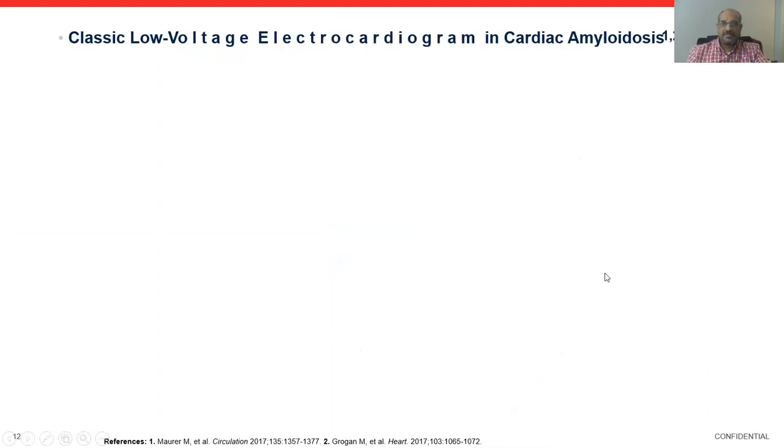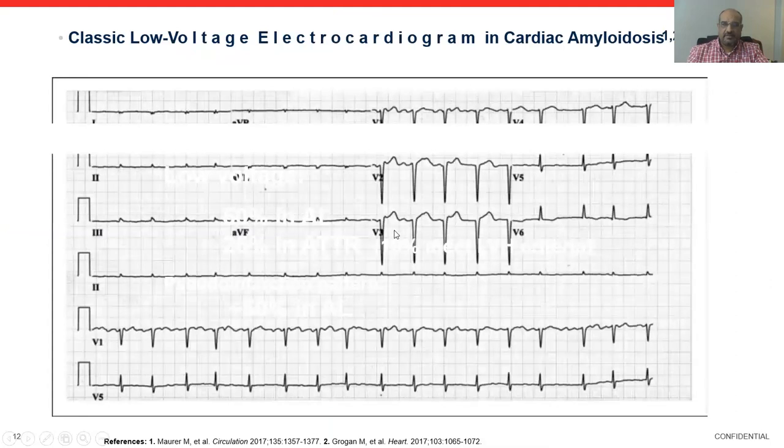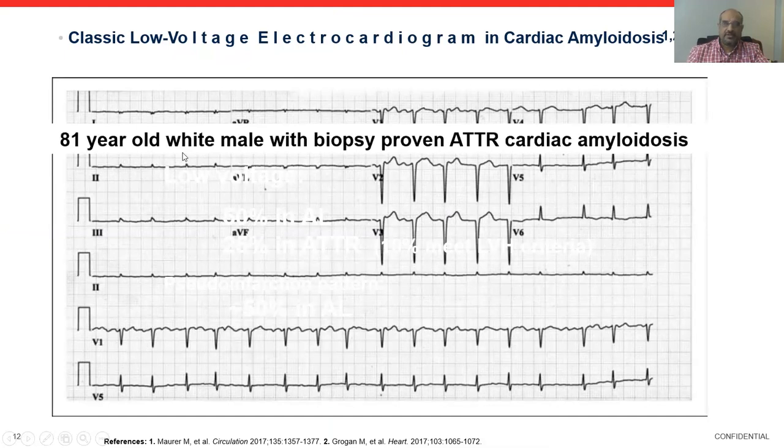So the classic presentation of cardiac amyloid is what we call the voltage-mass mismatch, or the low voltage ECG in cardiac amyloid. As you can see, the limb leads are typically showing low voltage criteria, and the chest leads are typically showing a pseudo-infarction pattern, at least in V1, V2, and V3. This is an 81-year-old white male with biopsy-proven ATTR cardiac amyloid.